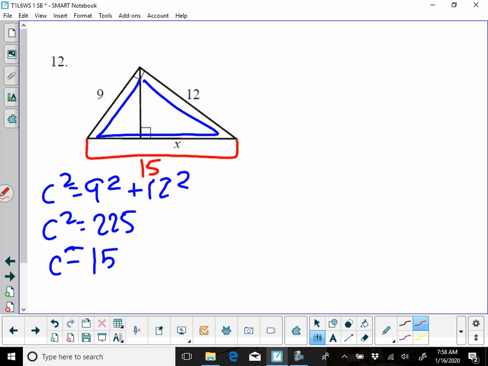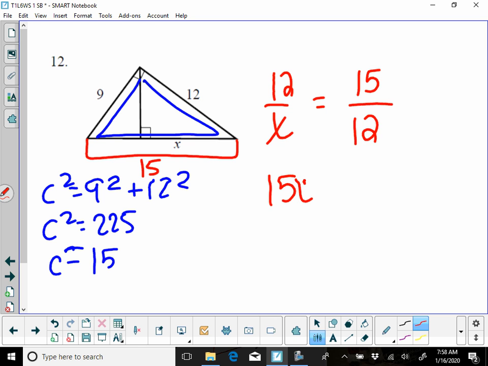Okay, so if I use the 12, leg up, leg down, hypotenuse piece would be x and hypotenuse will be 15. So now we're going to cross multiply. 15x is going to equal 144. And when you divide there, x does in fact equal 9.6.